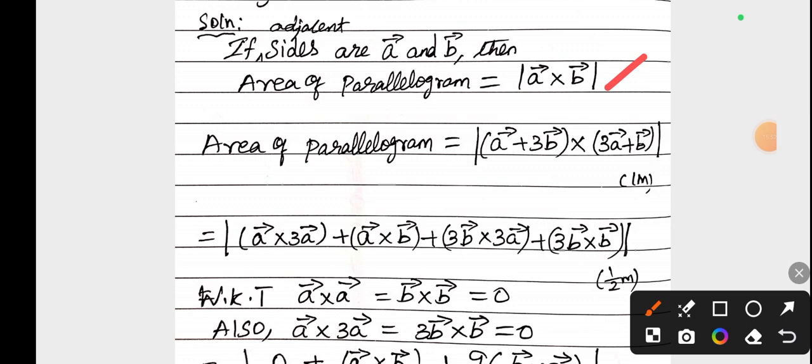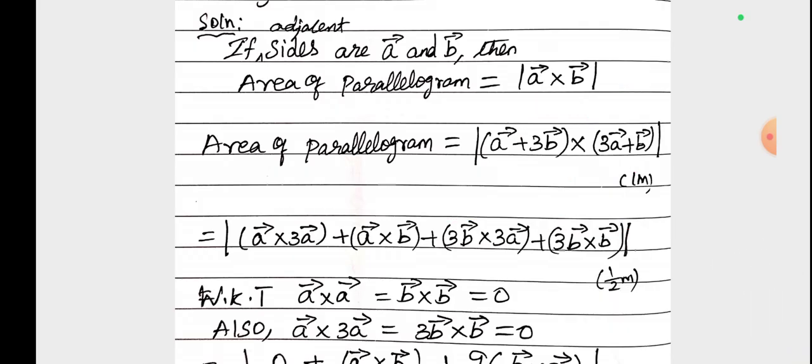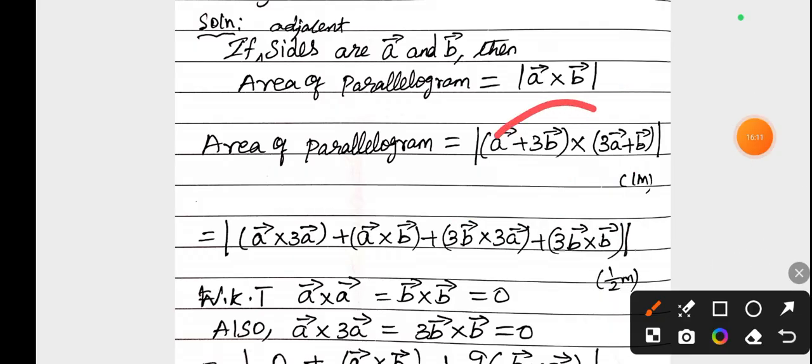Now one adjacent side is a vector plus 3b vector and another adjacent side is 3a vector plus b vector. Then start multiplying: a vector cross 3a vector, then a vector cross b vector, then 3b vector cross 3a vector, then 3b vector cross b vector.